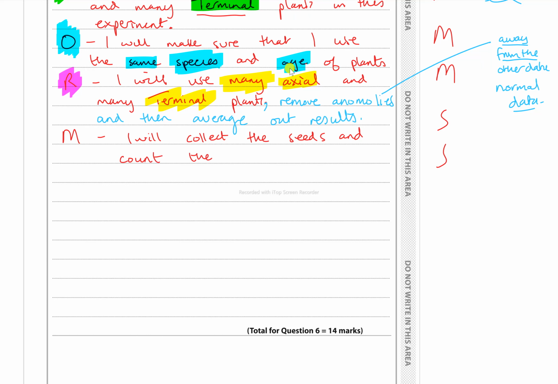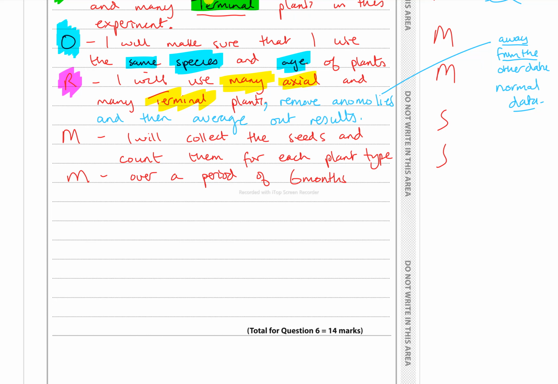Count them for each plant type, and then you can say this is all continued in one sentence, over a growing period of 6 months. So it's no good leaving one for 3 months and another one for 6 months.